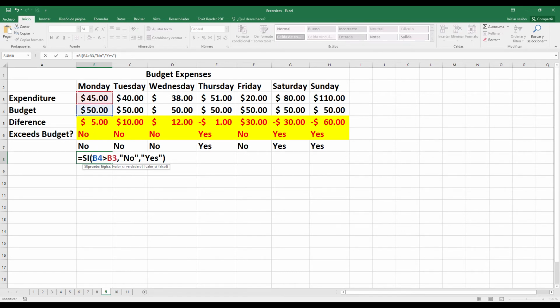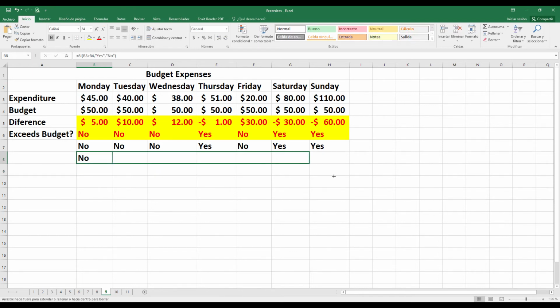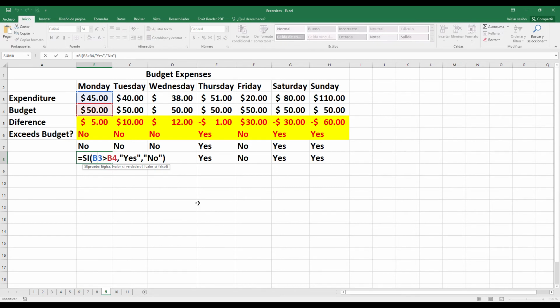Another person thinks the expenditure is greater than budget. Yes, you are over the budget, and it works. It is less common than the other way, but it is a condition that works.